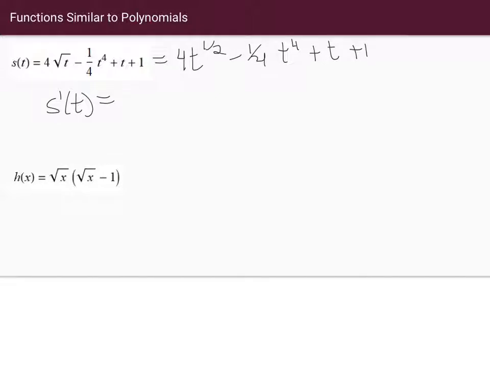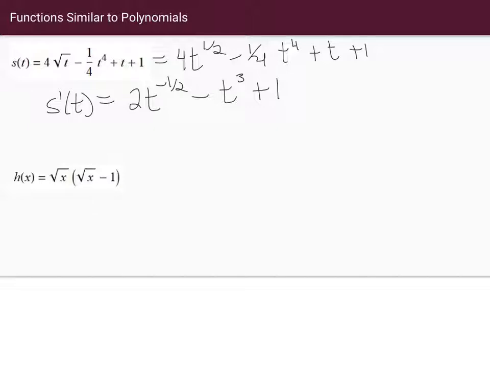So 4 times 1/2 is 2, and then 1/2 minus 1 is negative 1/2. So the derivative of 4t to the 1/2 power is 2t to the negative 1/2 power. Now I'm going to put minus 4 times 1/4 is 1, and 4 minus 1 is 3. So my second derivative is t cubed. t becomes 1, and 1 becomes 0.